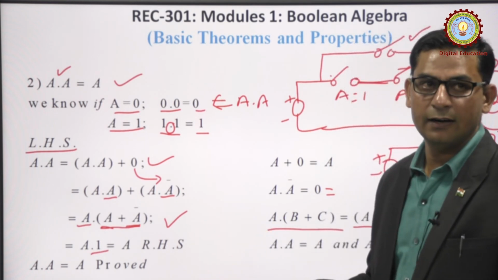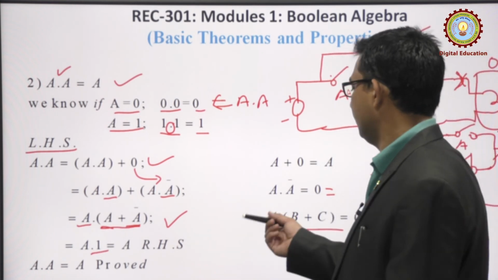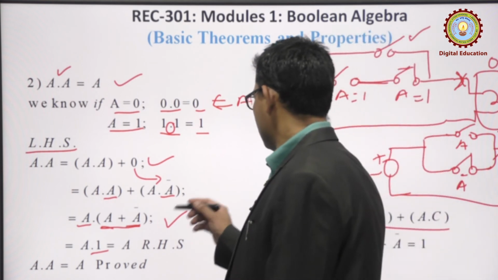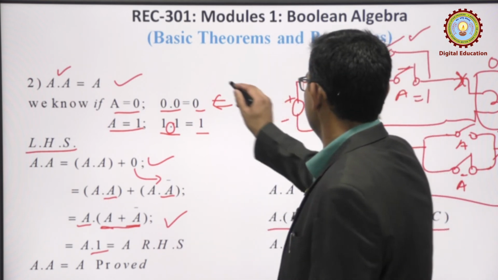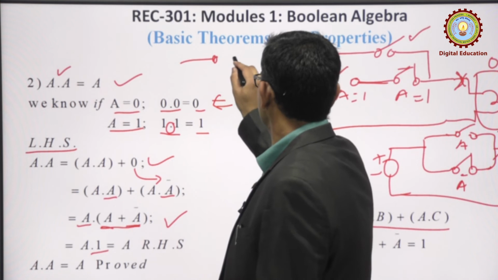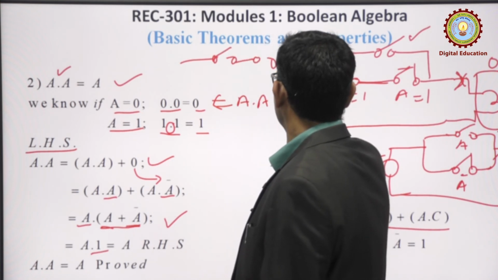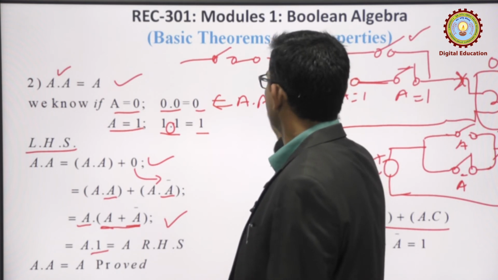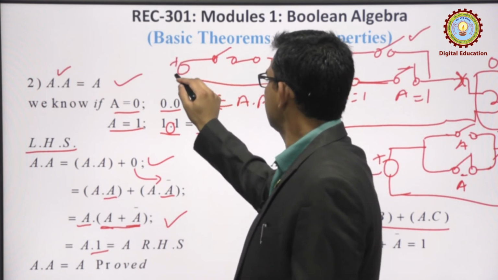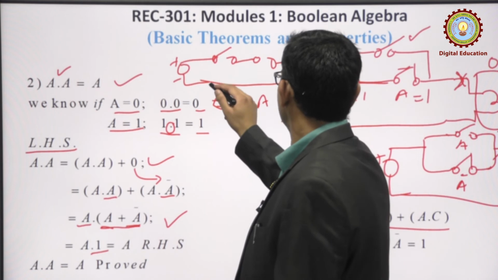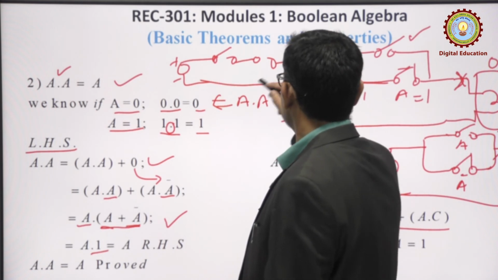and we know A dot 1 is equals to A, because what does it mean? It means we have one switch A and this is another switch, and there is plus minus. Okay. And this is our appliance.